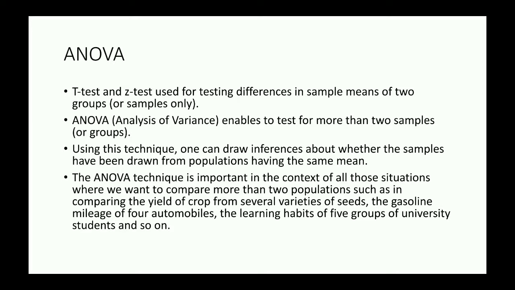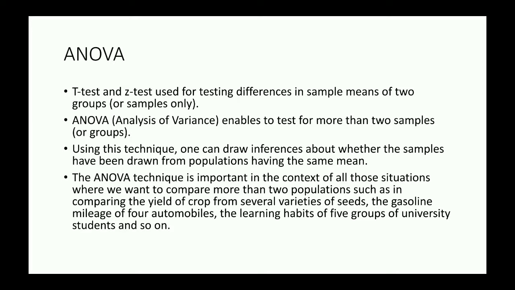It is important in all those situations when we want to compare more than two populations, such as comparing the yield of crop from several varieties of seeds. Suppose there are five types of seeds available. You want to check which type of seed is giving more yield, which is more productive. In that case, ANOVA is very helpful. Another example is the gasoline mileage of four automobiles.